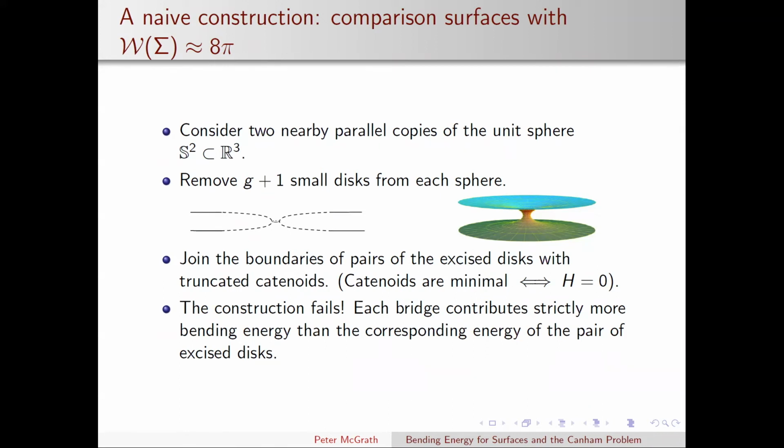So if I'm trying to get below 8 pi, I'm starting from 2 spheres. That's exactly 8 pi. I cut out 2 disks. I lose some energy. And the thing I glue in, I want to have less energy than the stuff I cut out. So if you just do this, you can't succeed.